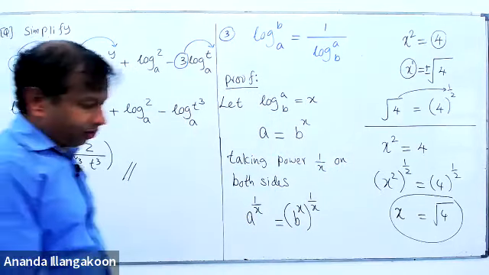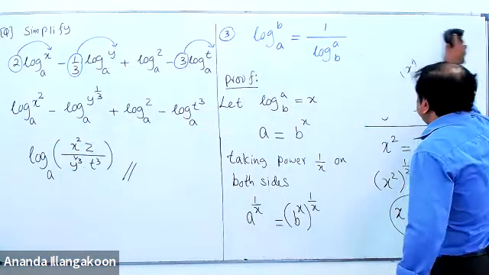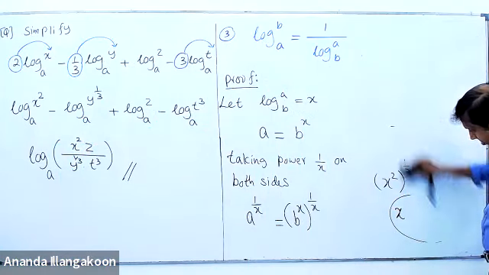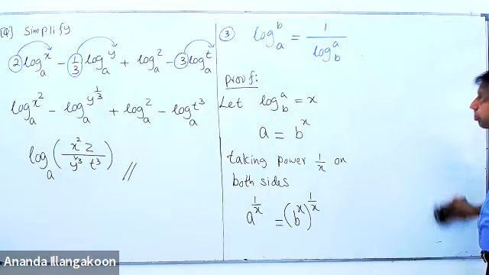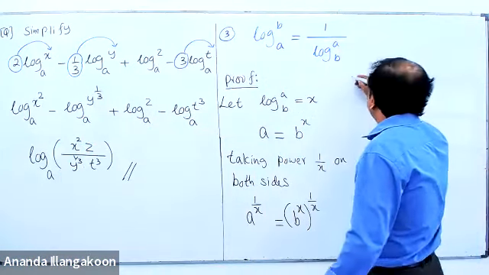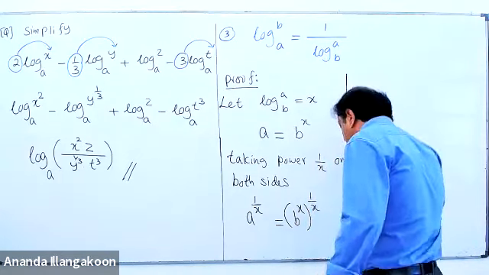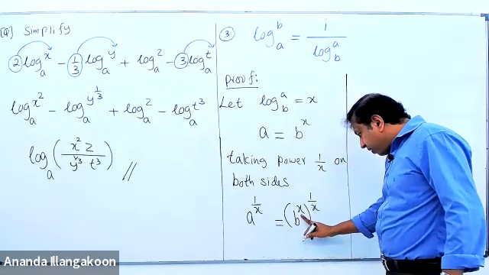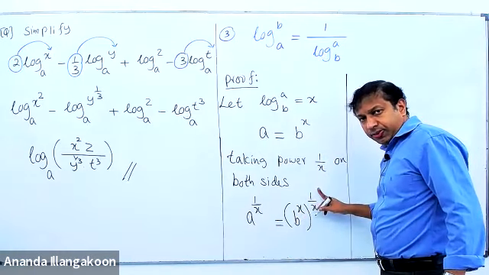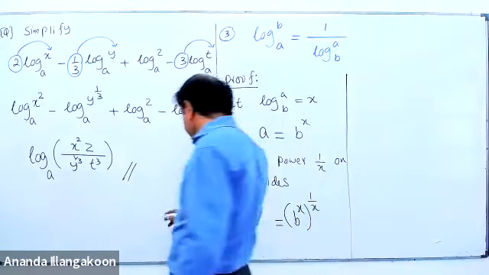We are supposed to simplify this. How? Here, the inner power x should be multiplied with this outer power 1 upon x. X and 1 upon x, when you multiply, see what happens.